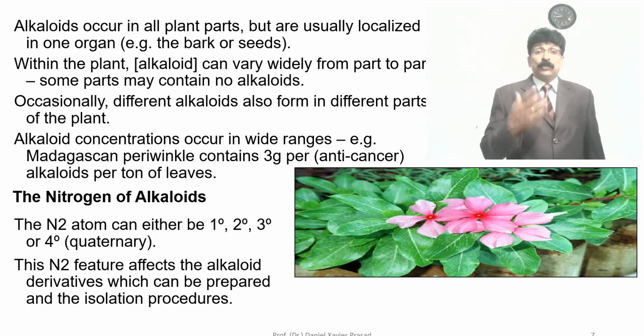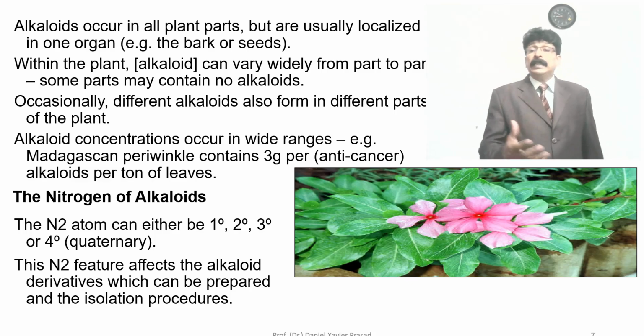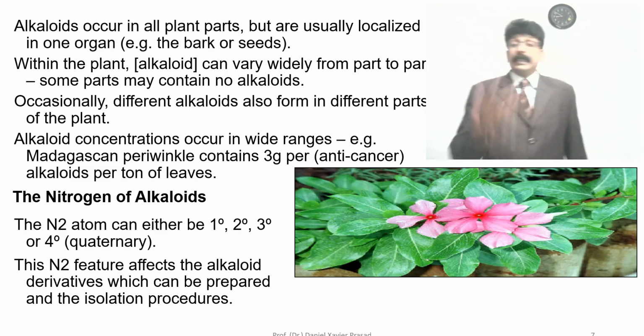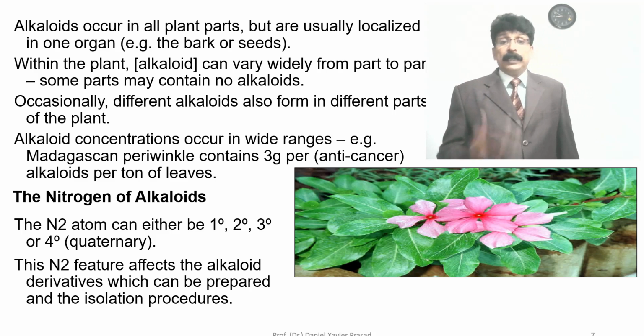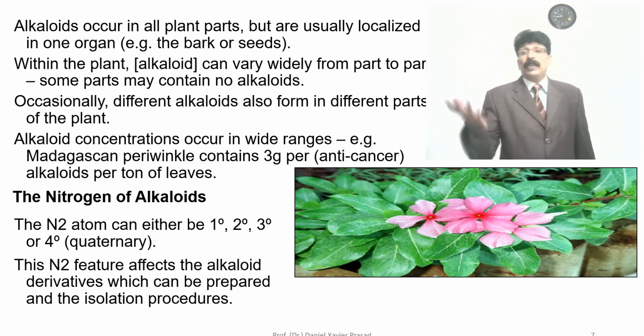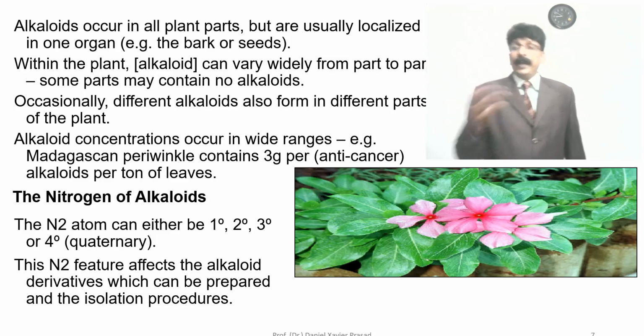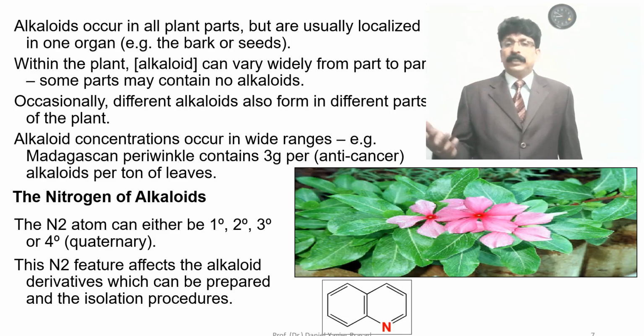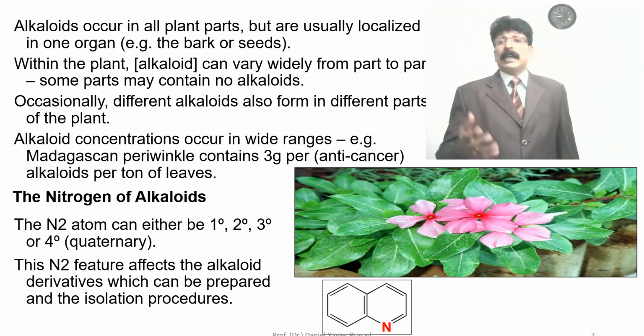So you can see the nitrogen which may be present in the alkaloids may be primary, secondary, tertiary or quaternary ammonium compound. The nitrogen feature affects the alkaloid derivatives which can be prepared and the isolation procedure. Here you might already have studied, your teacher might have told about extraction, isolation, separation.